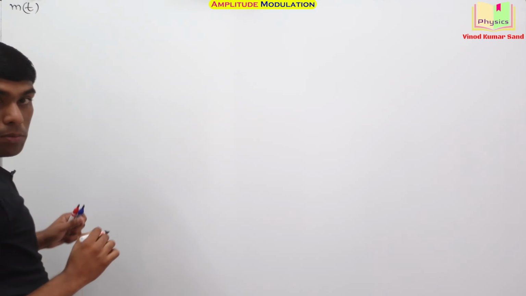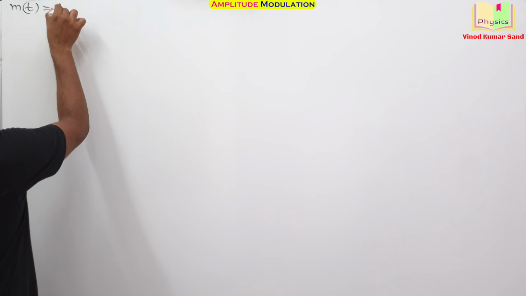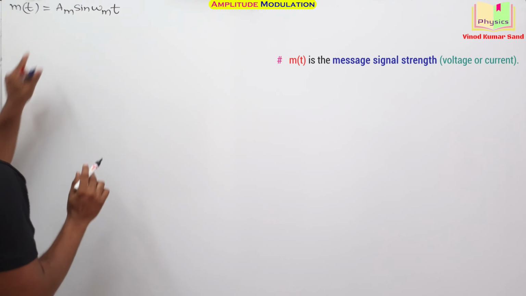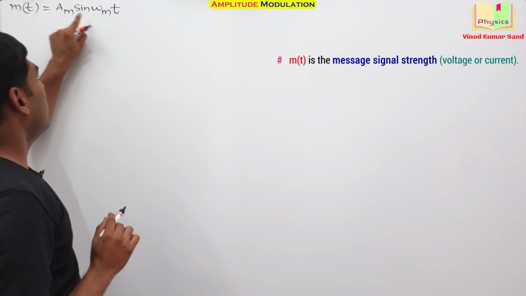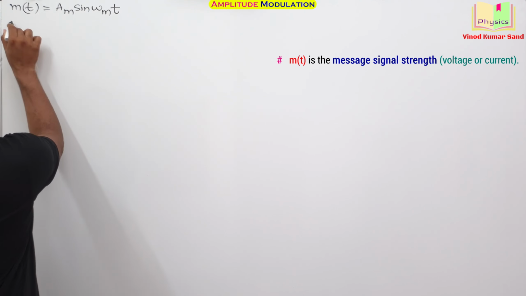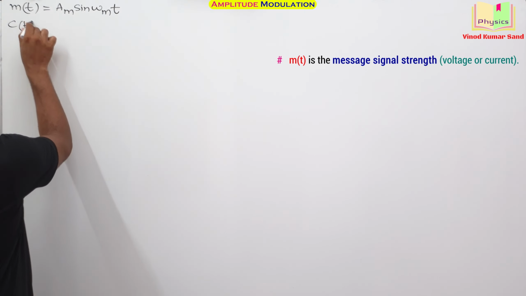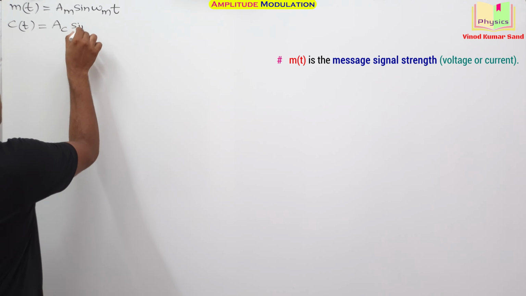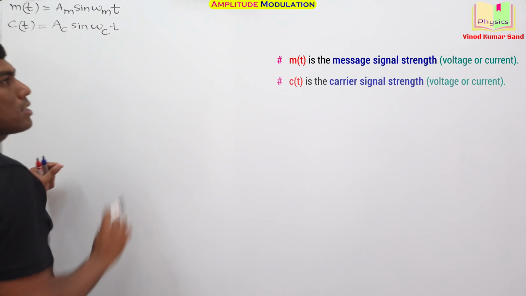Here, we are taking up the message signal first. We will write this as m(t), which will be equal to Am sin(ωm t). Okay. Am is the amplitude of the message signal, ωm is the angular frequency of the message signal. Then we write the carrier signal. We indicate the carrier signal as c(t). It will be written as Ac sin(ωc t).